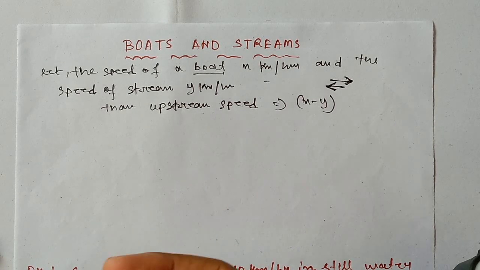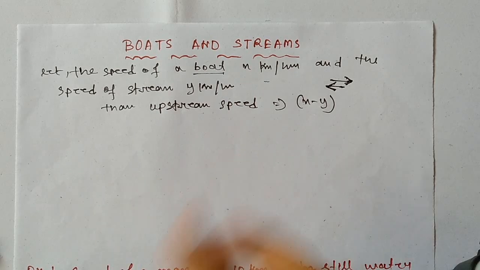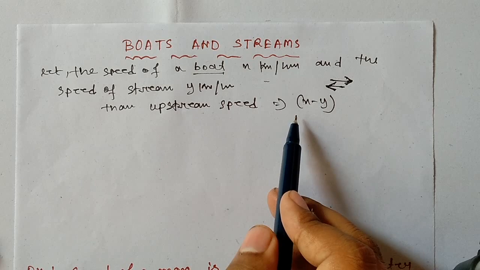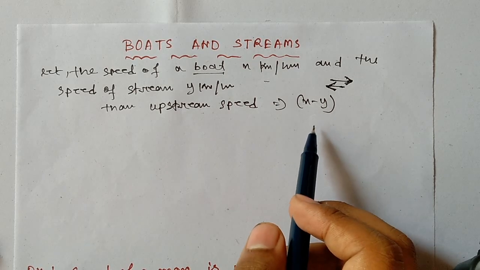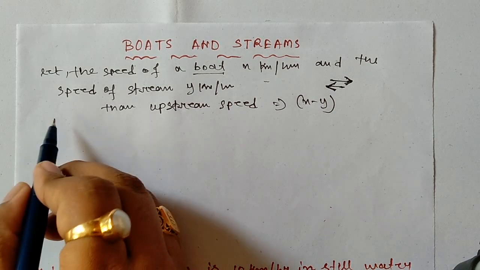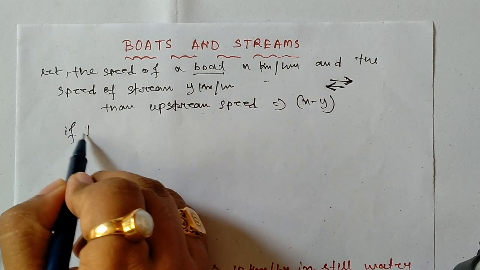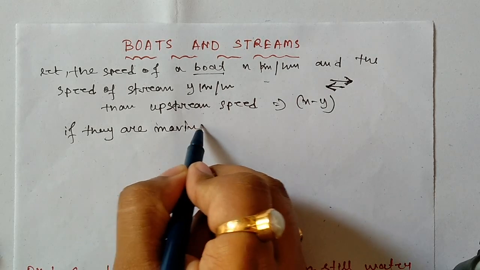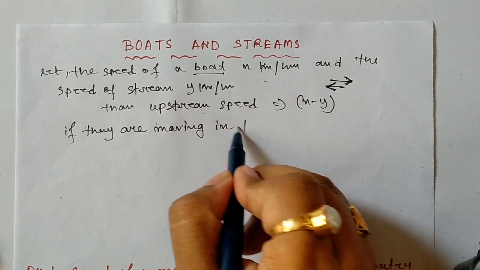So if the boat or observer and the stream are in opposite directions, then it is called upstream speed, and this is represented as x minus y, the difference of their speeds.